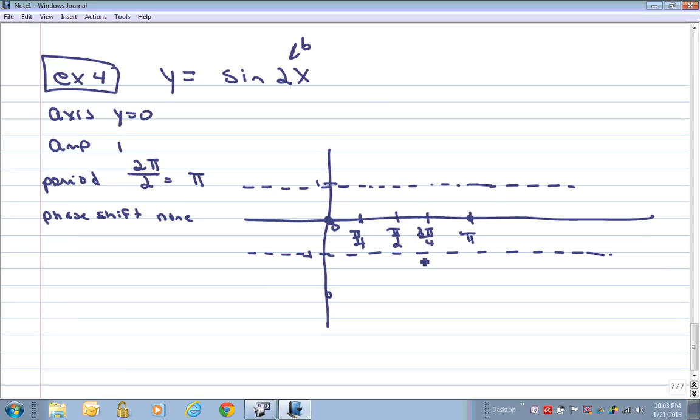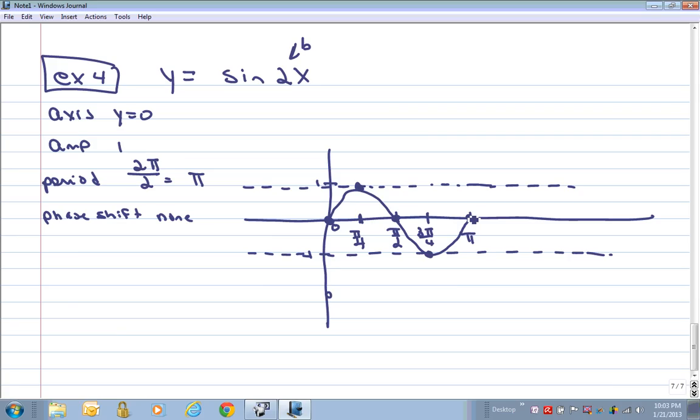And we have to label those values, and it's really important that you can identify the numbers and label. So we're back starting at the axis. Our next key value would be to the top of the amplitude, back to the axis, bottom of the amplitude, back to the axis. And this graph is just like the parent function, except that it has been compressed into a distance of pi instead of 2 pi. So this is a compression of the basic sine graph.